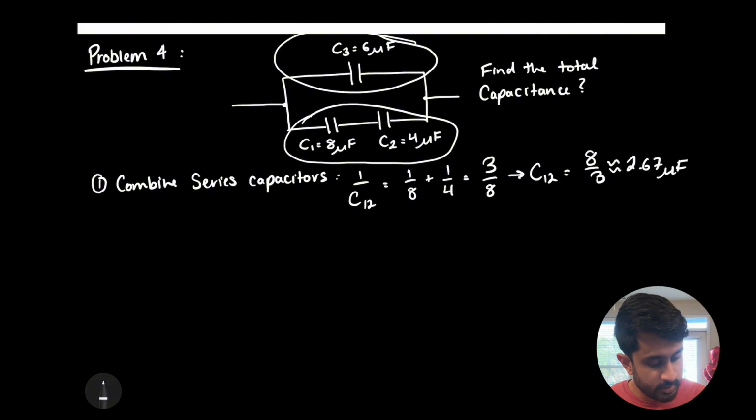Now, this C12 value corresponds only to the series section of this whole parallel capacitor network.